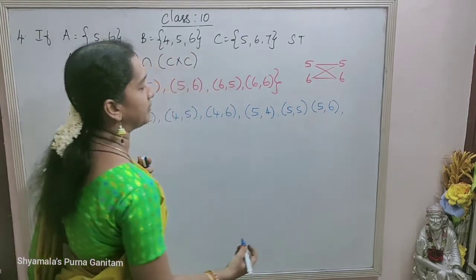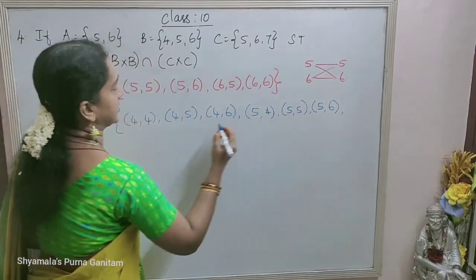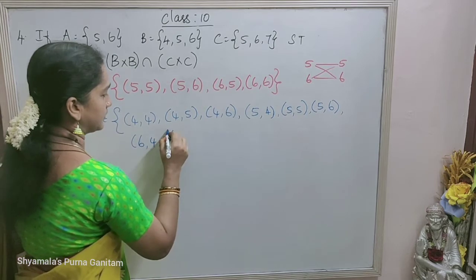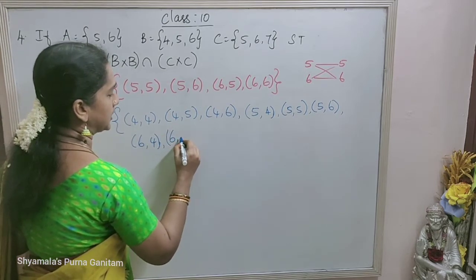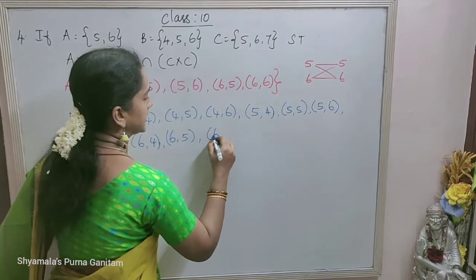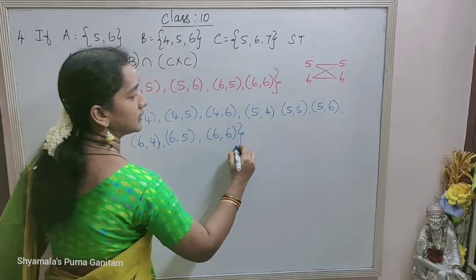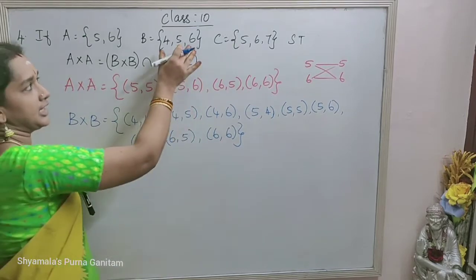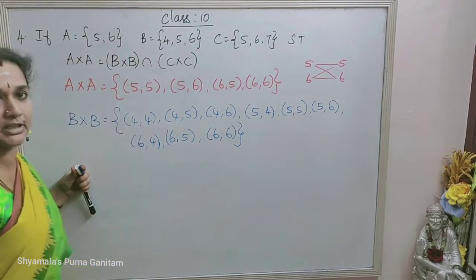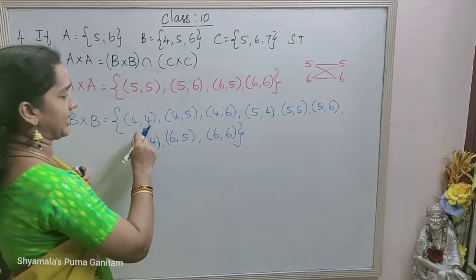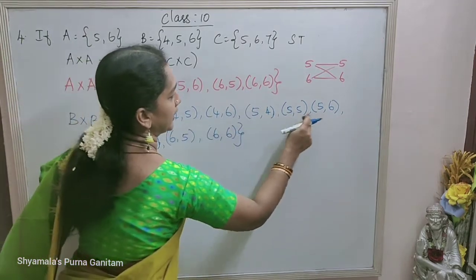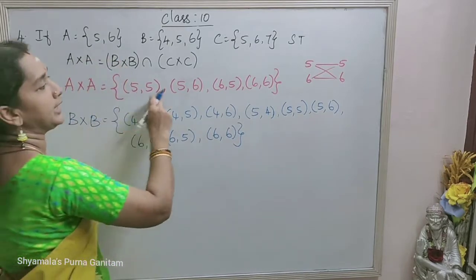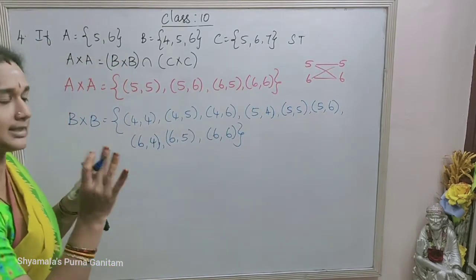Then the next one is 6: (6, 4), (6, 5), (6, 6). So for 3 elements in B and again the same 3 elements, you will get 9 pairs: 1, 2, 3, 4, 5, 6, 7, 8, 9. For 2 into 2, you get 4 pairs.